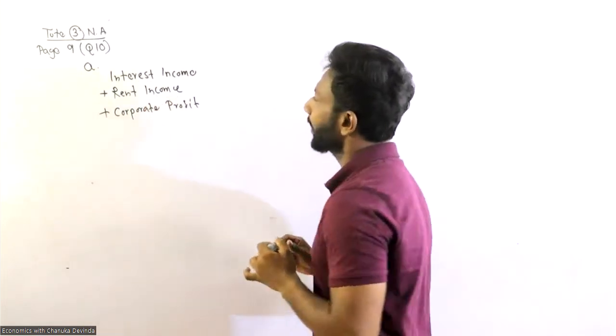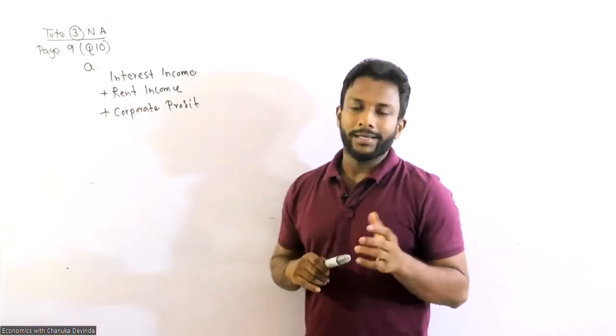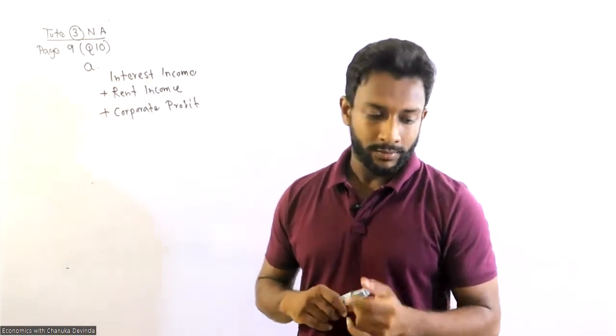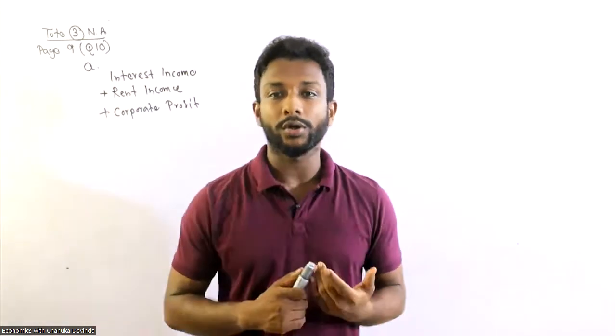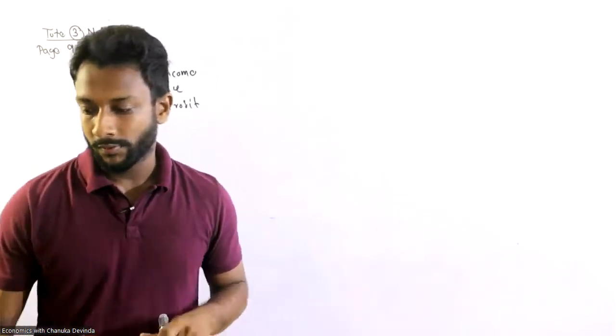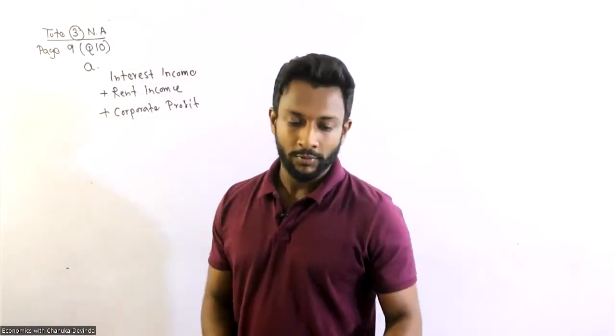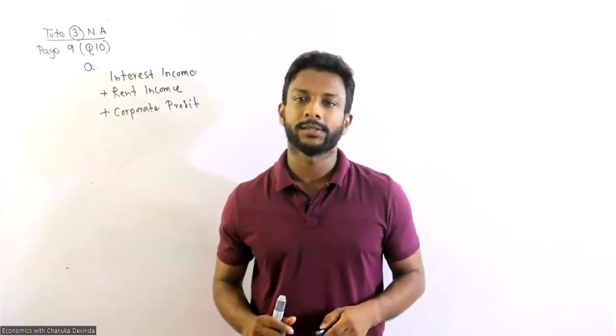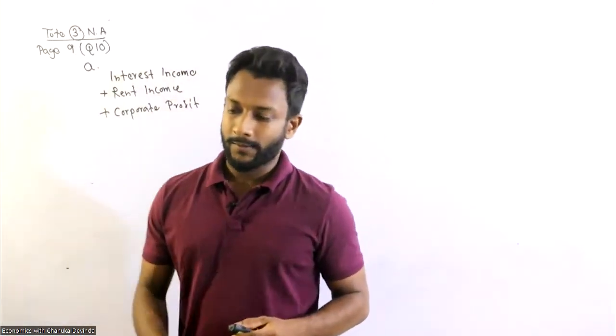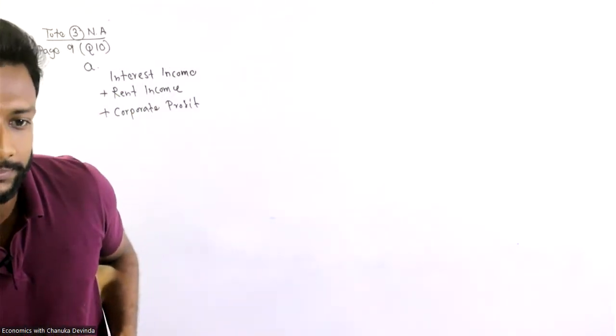We'll check whether these line items are included or not. So what are the items that can be identified from the sum?